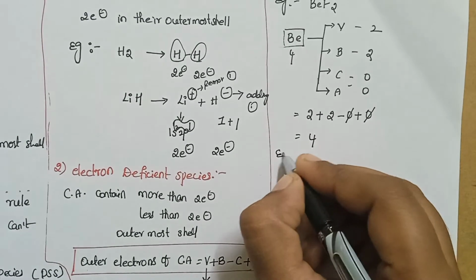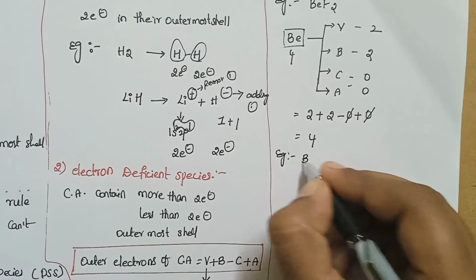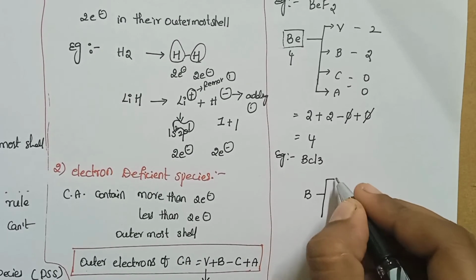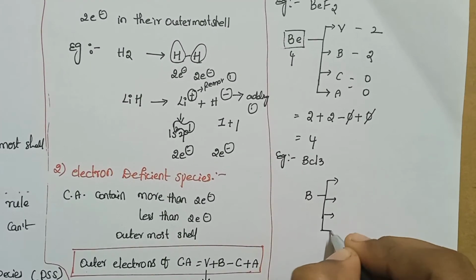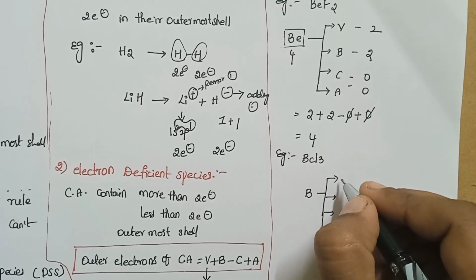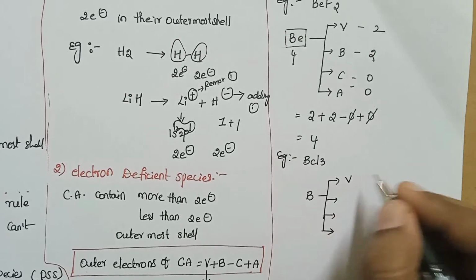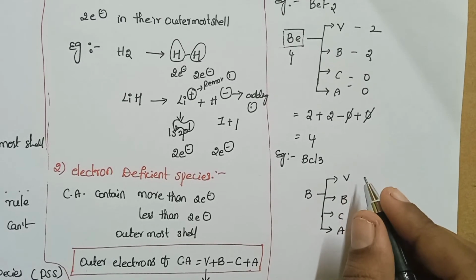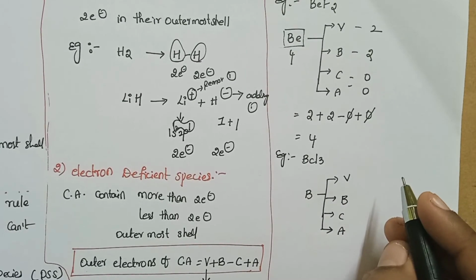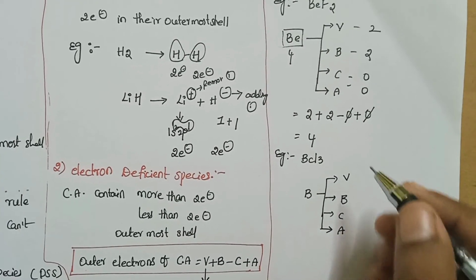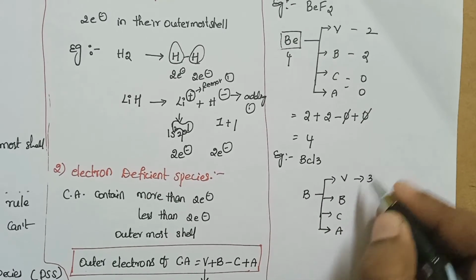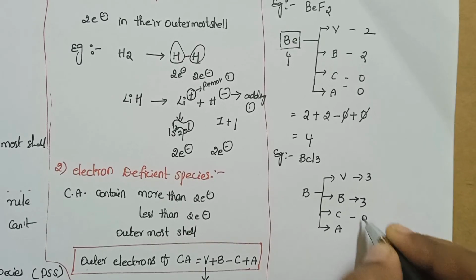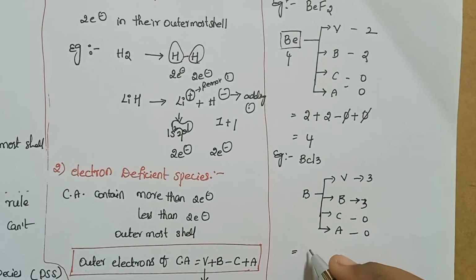Okay, take another example, BCl3, so boron. Did you try this? V, B, C, A. V means number of valence electrons of central atom in free state, that is 3, and B also 3, C 0, A 0.